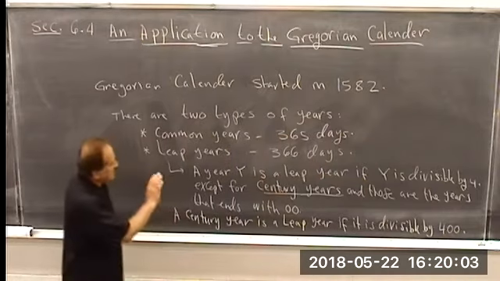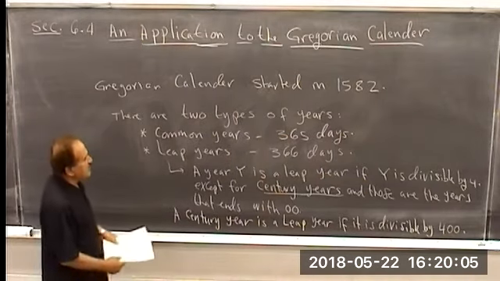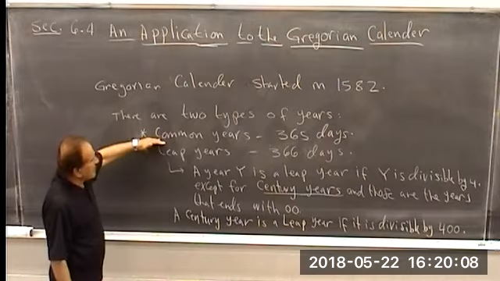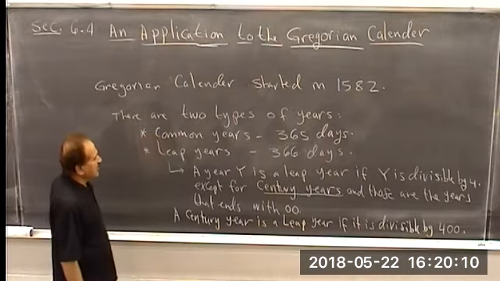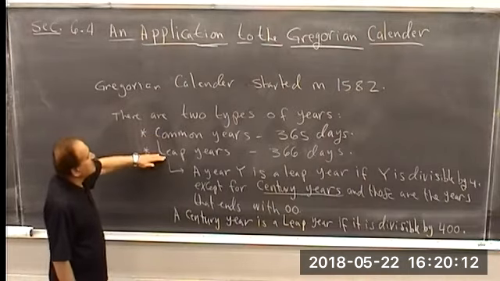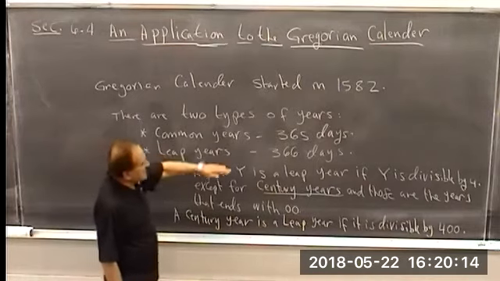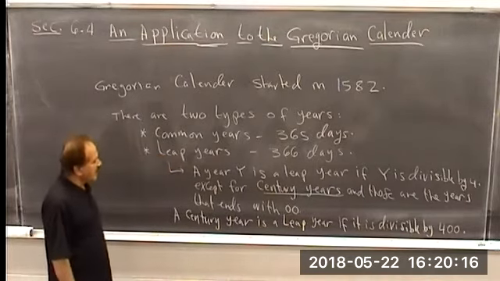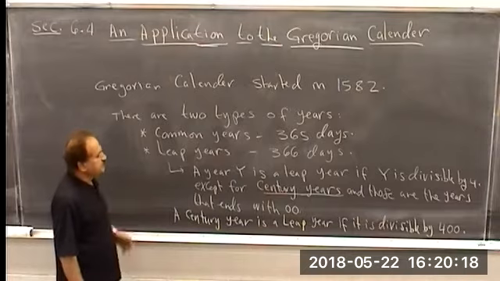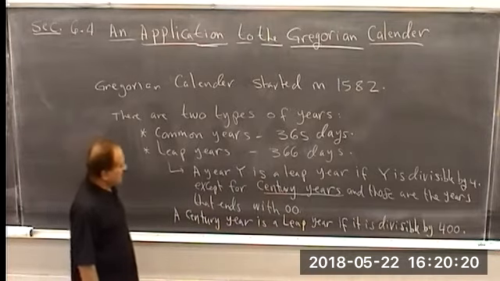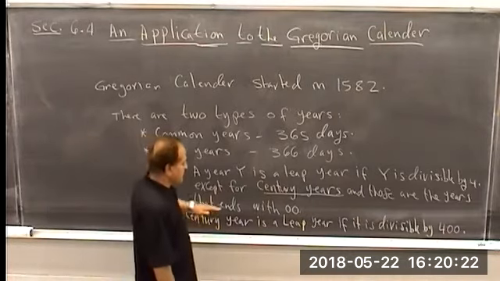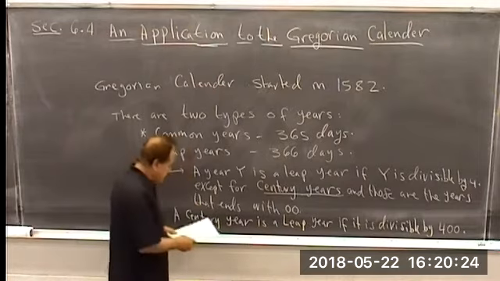So we're going to distinguish between these different types of years. Most of the years are common years, every 4 years we have a leap year, and also we have century years, and some of these century years are leap years.